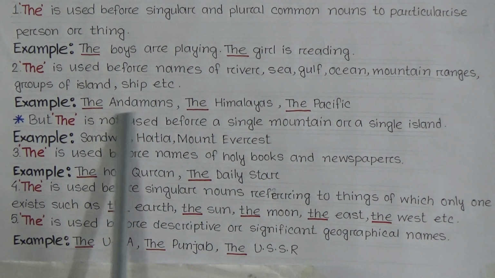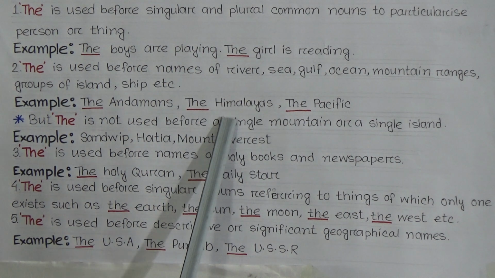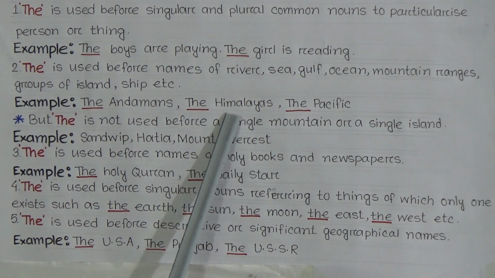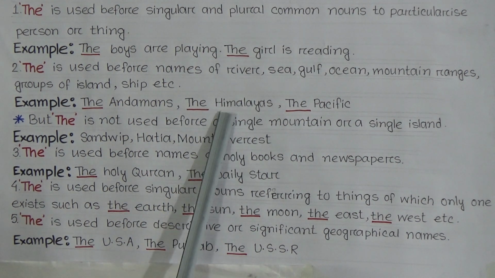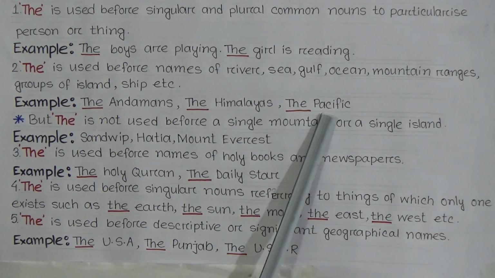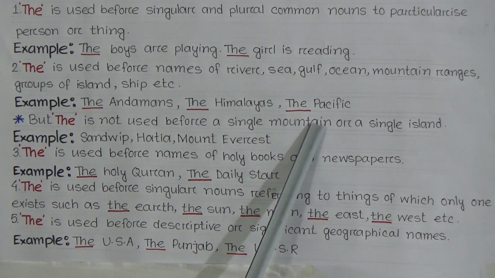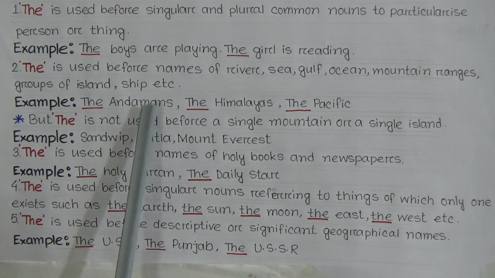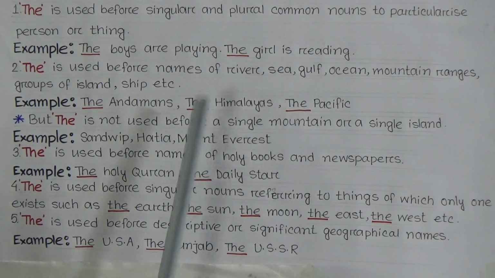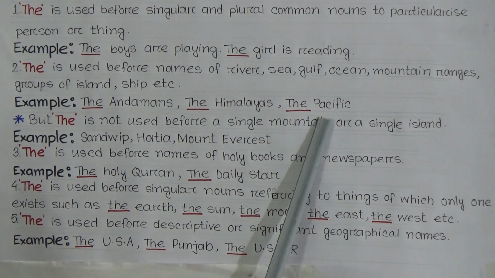Students, look, these words start with a capital letter. You know, when you find any word starting with a capital letter, these are called proper nouns, and proper nouns are special names. So the names of rivers, seas, oceans, mountain ranges are special names, and before these you have to use the article the: the Andamans, the Himalayas, the Pacific.